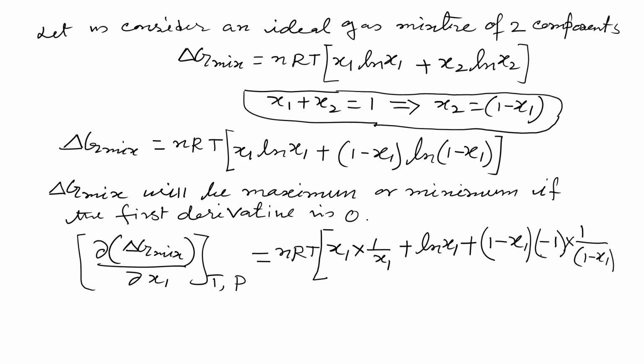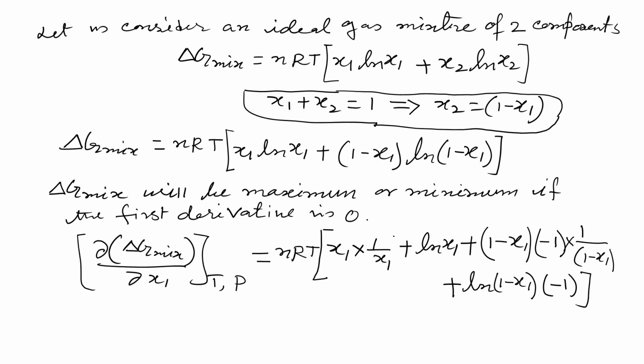Okay. So first function into differentiation of the second plus second function. What is second function? That is ln 1 minus x1. Differentiation of the first will be ddx of 1 is equal to 0, ddx of x is equal to 1. So it is minus 1. So this is the differentiation.